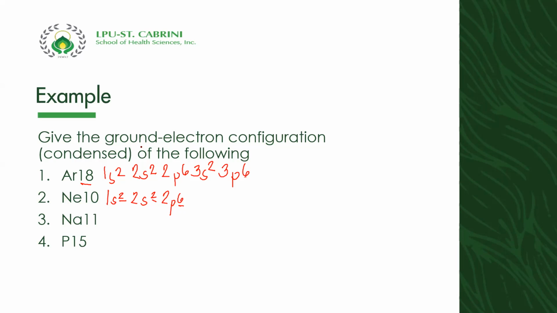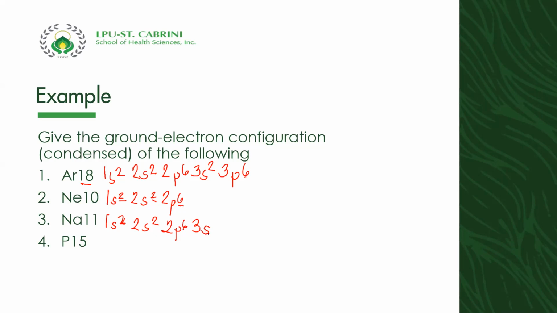How about sodium 11? 1s2, 2s2, 2p6. 3s? Don't say 2, because if that will be 2, it is not our sodium. It will become our magnesium.